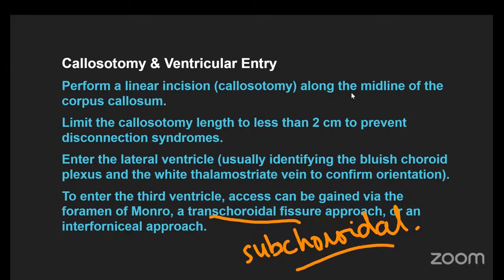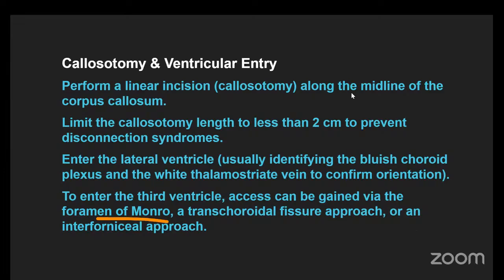So when we are discussing these different routes, since I don't want to dedicate a separate session for these, we have discussed this before. Once we are going transforaminally, there are 2 problems. The first problem is, if it is not naturally enlarged, then we end up risking injuring the fornix, because we know this was the boundary of the foramen of Monro. We have seen this thoroughly in the previous sessions.